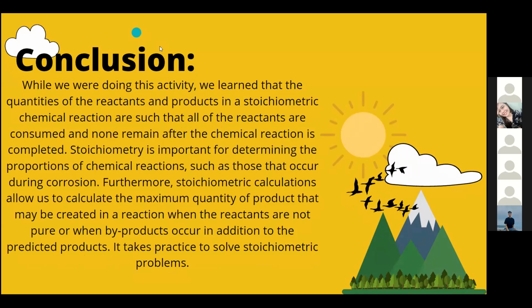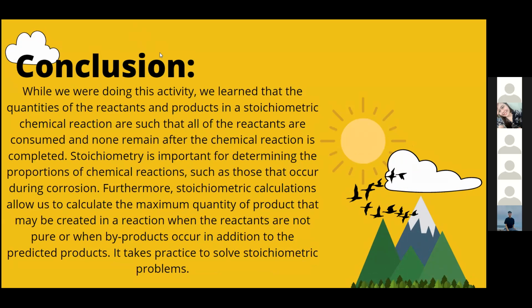For the conclusion, while we were doing this activity, we learned that the quantities of the reactants and the products in a stoichiometric chemical reaction are such that all of the reactants are consumed and none remain after the chemical reaction is completed.